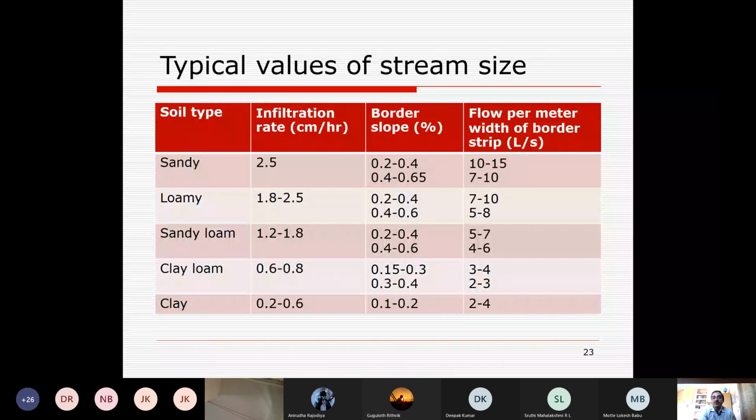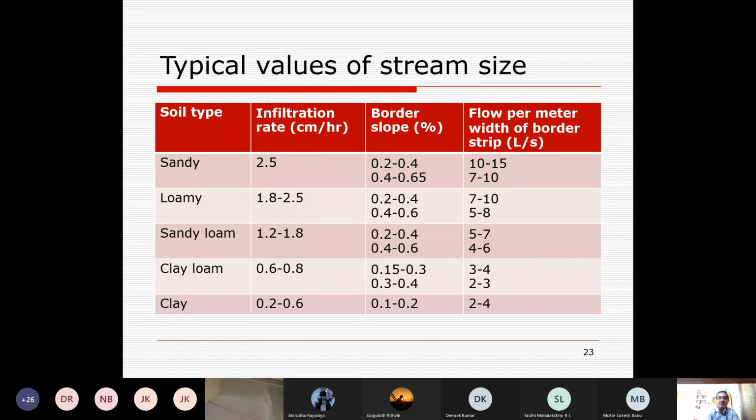Now, typical values for stream size, this is simple. You can get them in literature for standard conditions for a particular soil, slope condition, and infiltration rate characteristics of the soil, to decide what size of stream should cover the maximum area in the shortest time, improving the uniformity of the irrigation system.